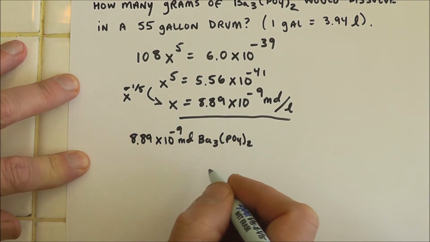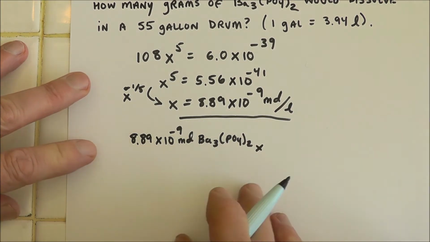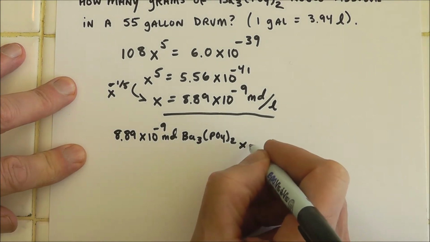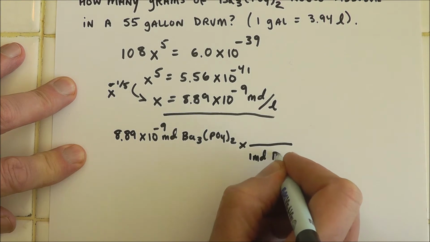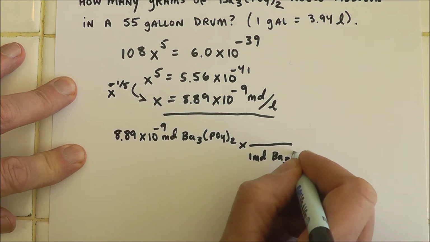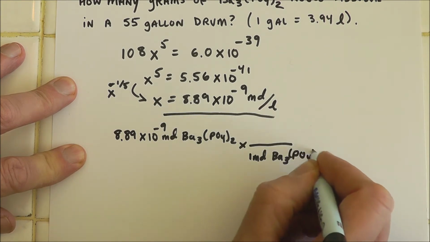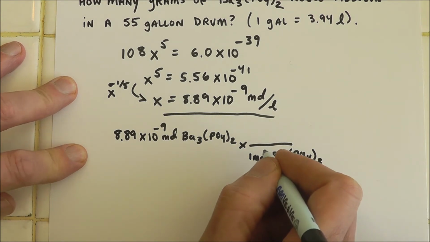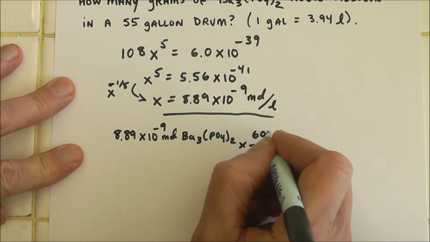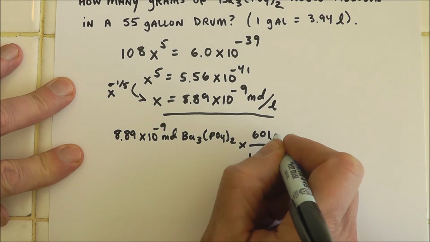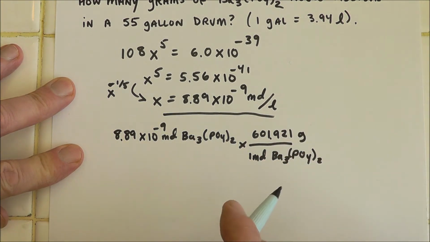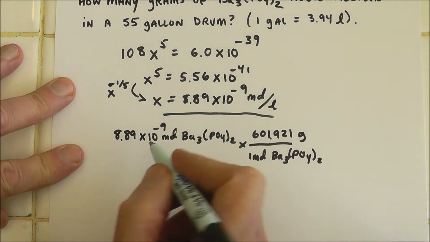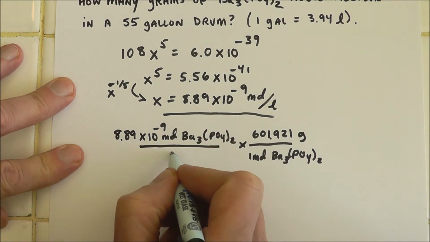That is going to be back to good old Gen Chem, 1 mole barium phosphate is real heavy stuff, folks. 601.921 grams. There's our grams, but whoopsie, it was per 1 liter.